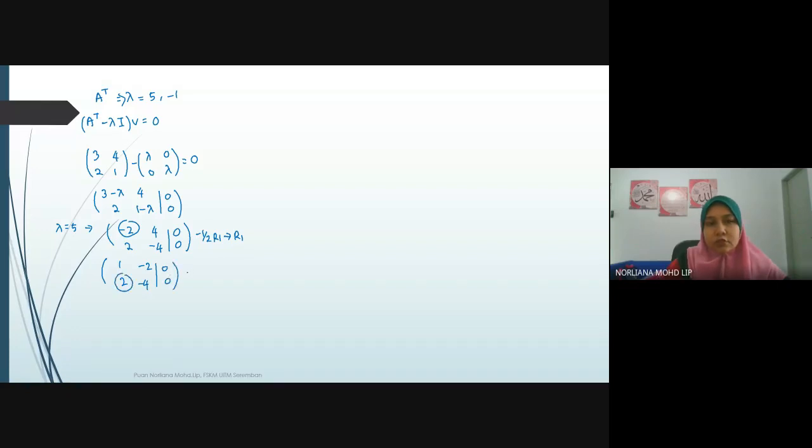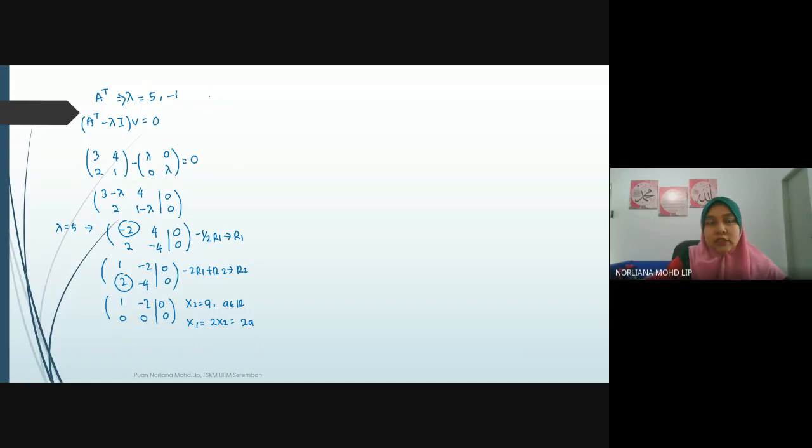So make it 0. Okay, dapat ni last ni in REF form lah. So the free variable is x2. x2 does not have a leading one. So x2 equal to a, any number, and x1 equal to 2 x2, equal to 2a.